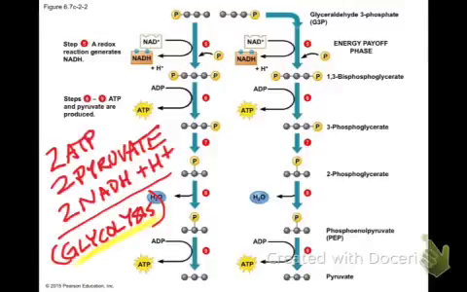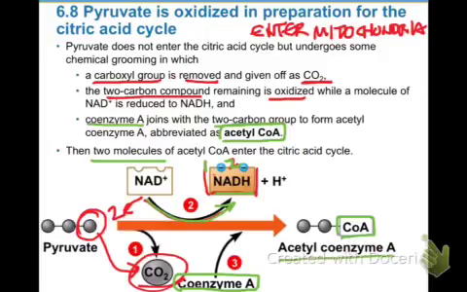Now, the next step, the pyruvate enters into the mitochondria. And what we see is that one of the carboxyl groups is removed.